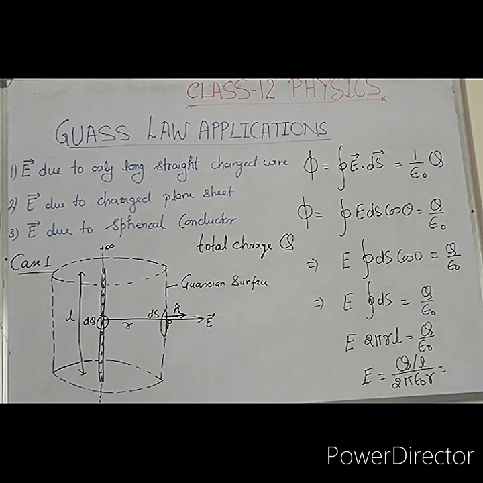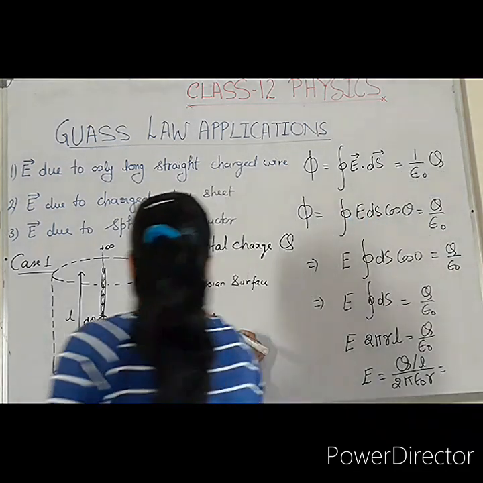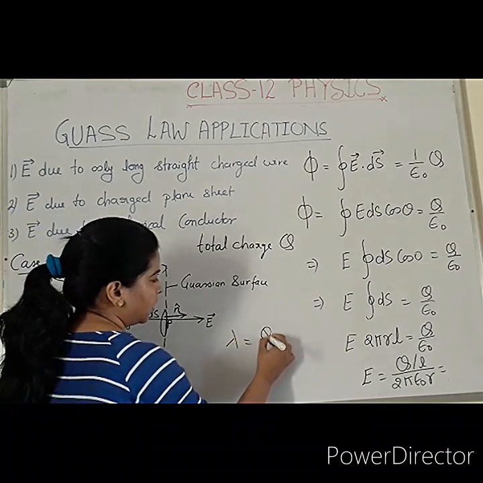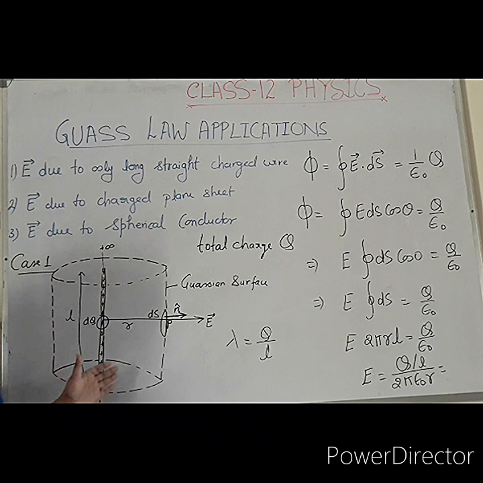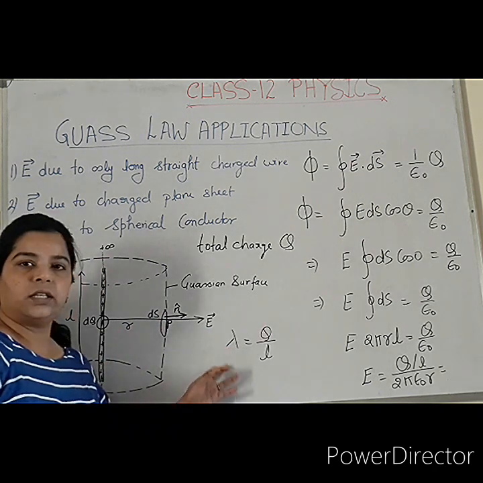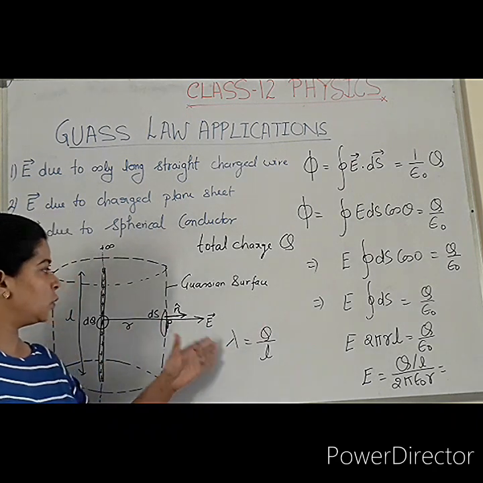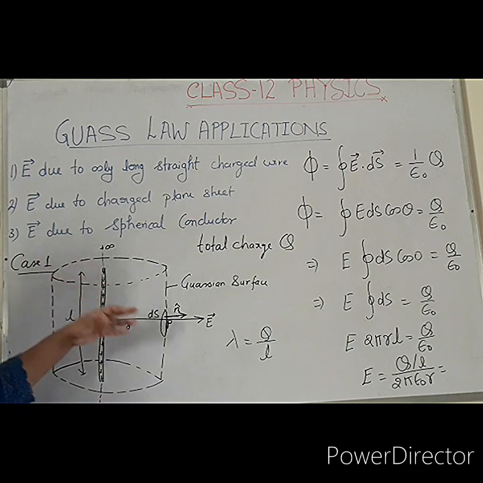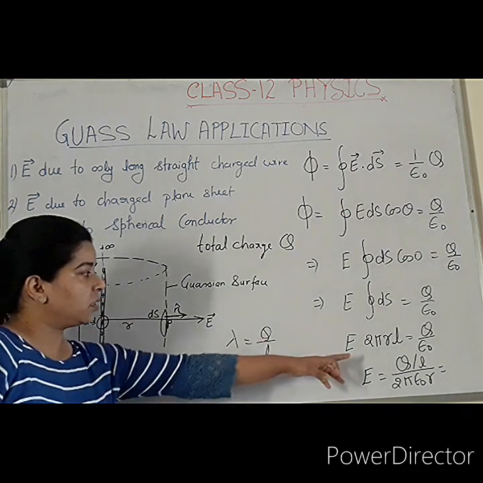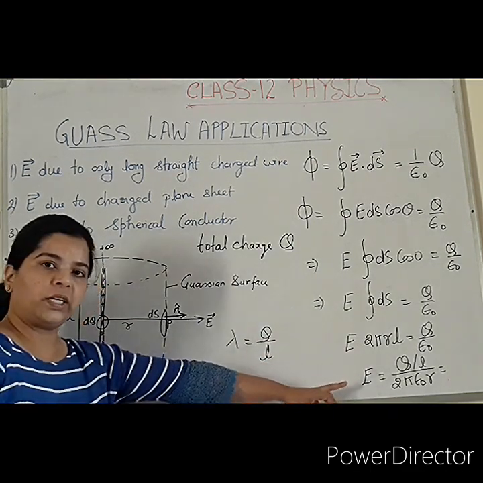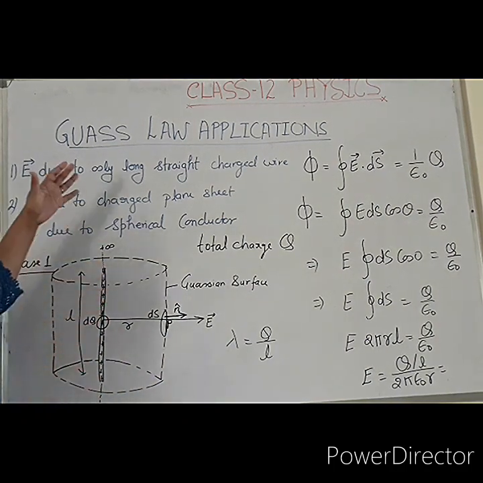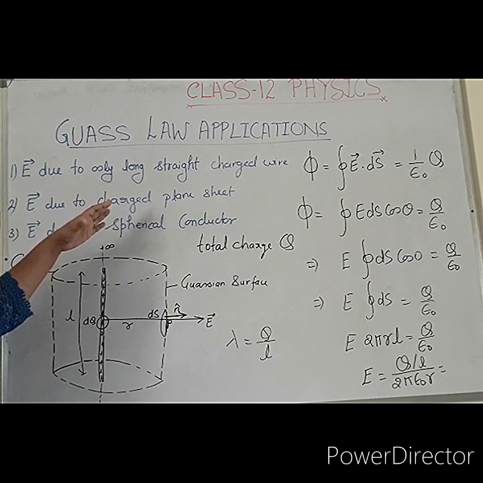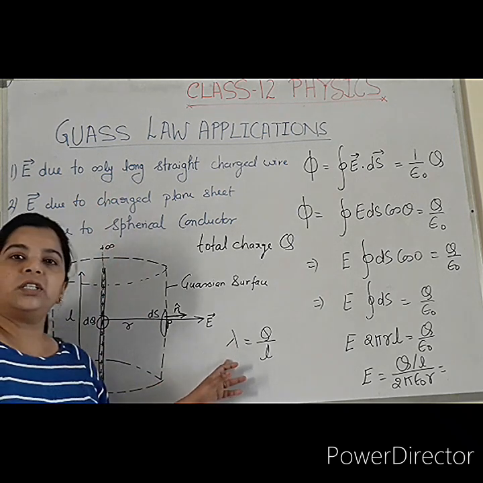Now what is the value of Q by L here? I told you about lambda, the linear charge density: charge divided by length. If we are taking a very thin object, then we can take the linear charge density. And you know the density is uniform throughout the wire. So if we place the lambda value in place of Q by L, this is lambda for the finite length as well as the infinite length of the wire, because lambda is uniform.